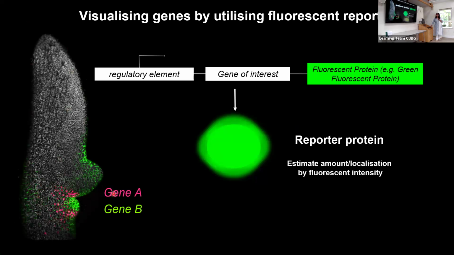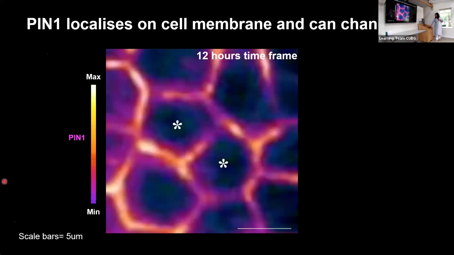For example, this protein A in pink is localized here, and this protein B, shown in green, is outlining the individual units of this leaf called cells. Using this technique, we were able to visualize this protein called pin1, and we found that it localizes on the cell outlines.